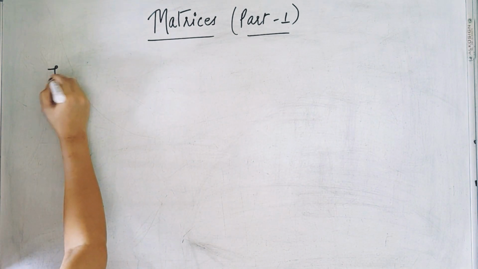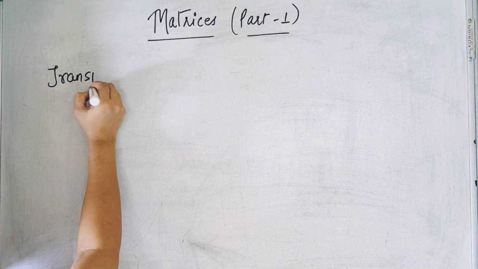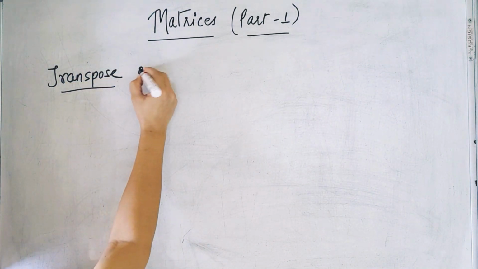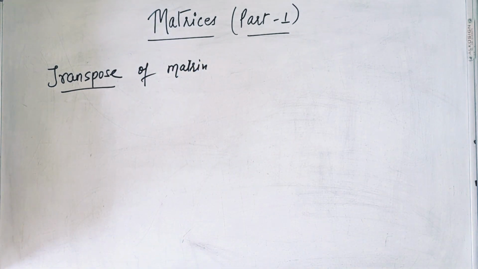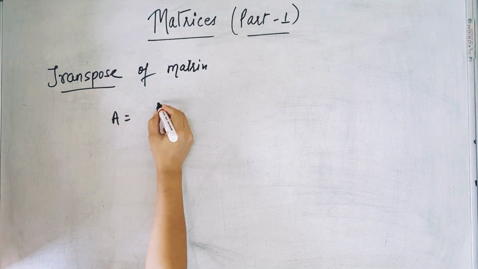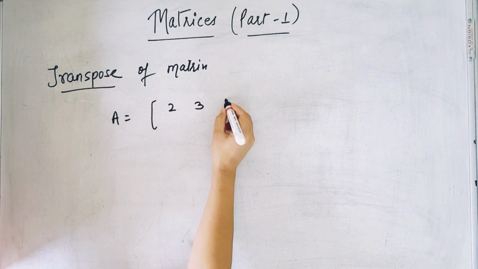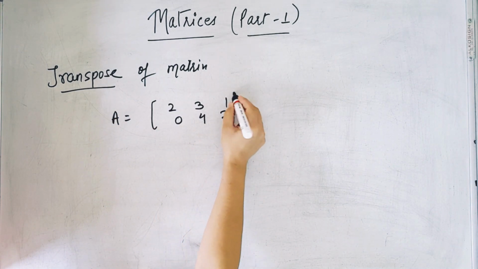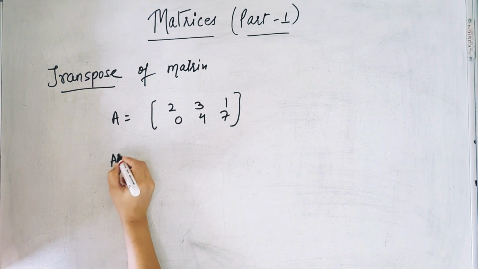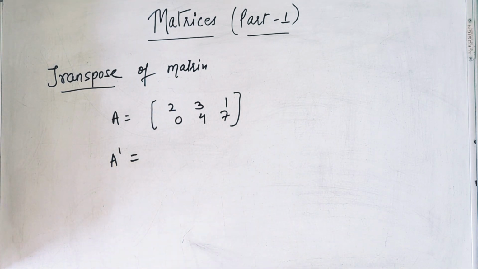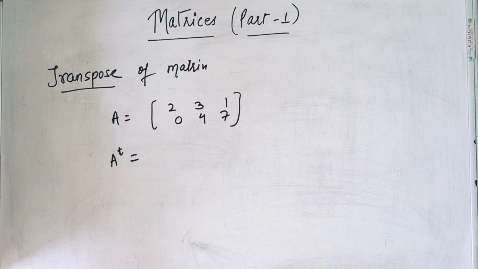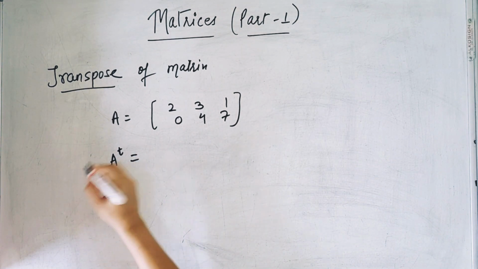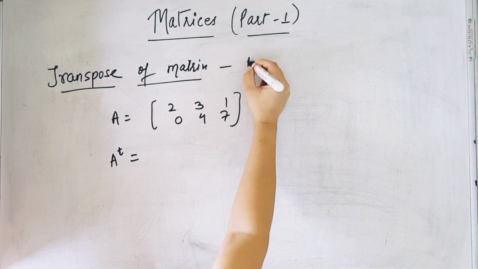One question comes, they ask to find the transpose of a matrix. Let's suppose I am provided with a matrix, that is A is 2 3 1, 0 4 7. If I have to calculate its transpose, this is denoted by A T. In the transpose, what happens?